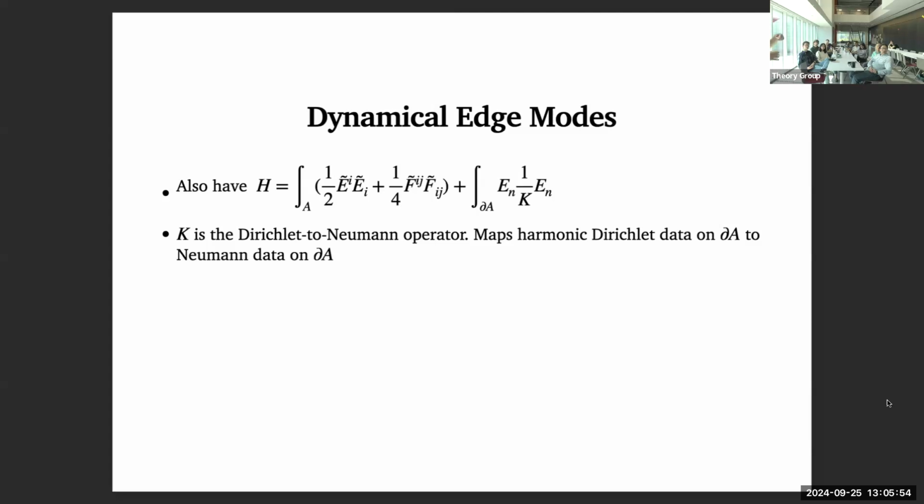But I chose instead to write it fully in terms of E, because E showed up more nicely within the symplectic form. The symplectic form is just diagonalized with a unit Poisson bracket when I use E. But if I do that, then I get this weird kinetic term for this edge Hamiltonian.